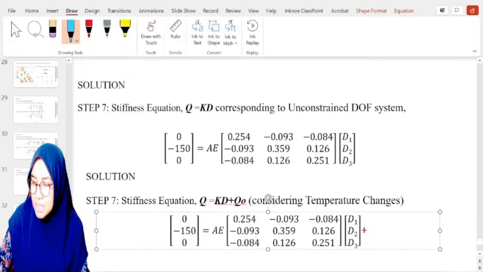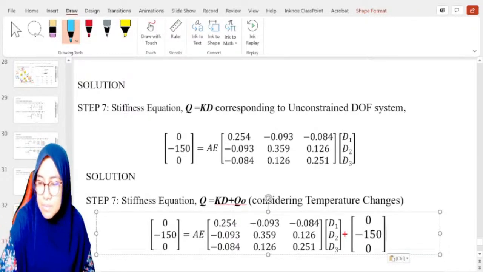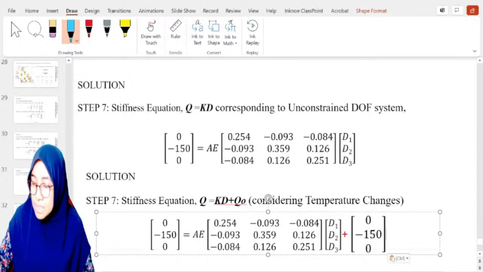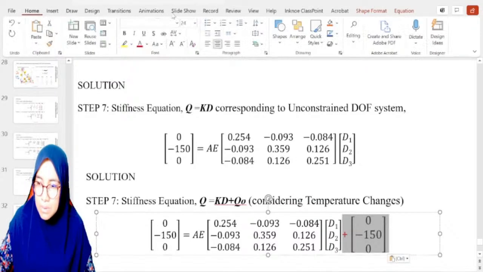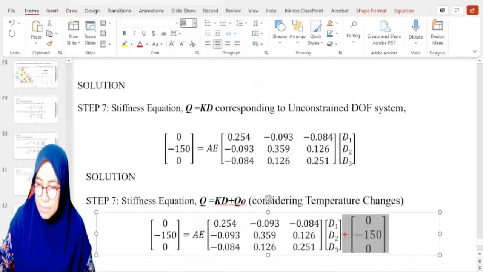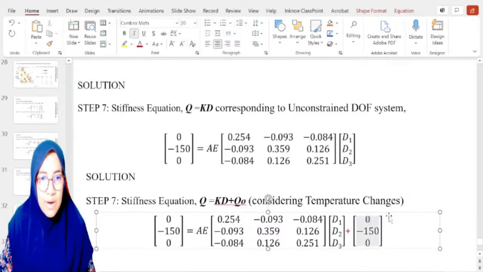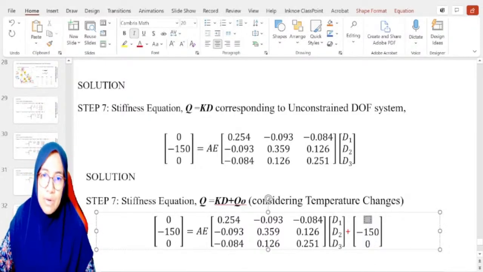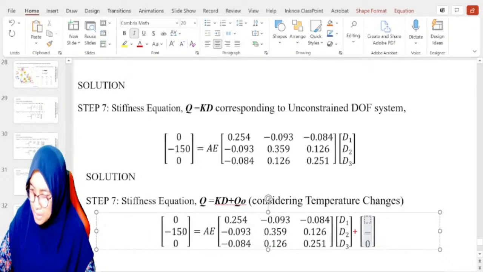Because either temperature or fabrication error will influence the output. It means that we need to identify or calculate the value of Q naught at position 1, at position 2, and at position 3.